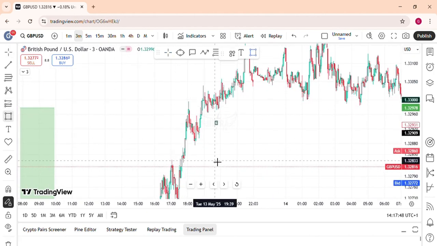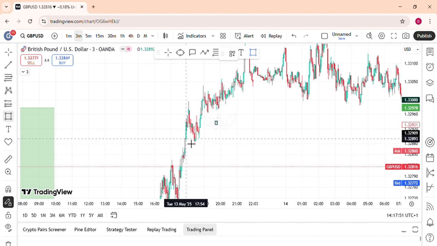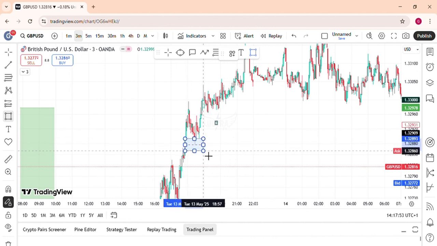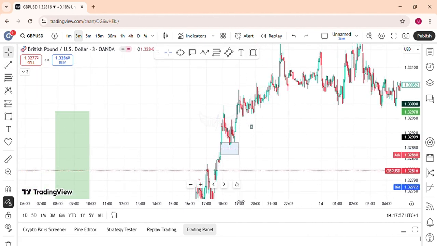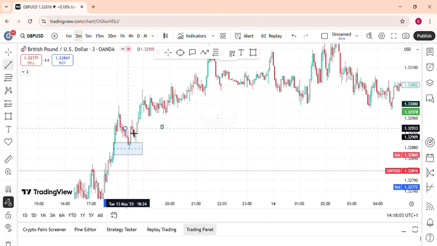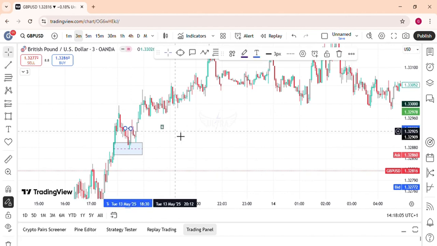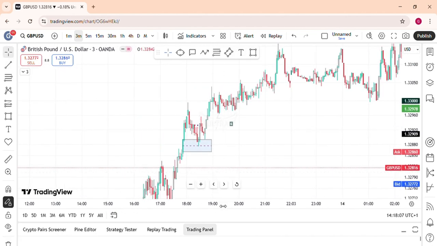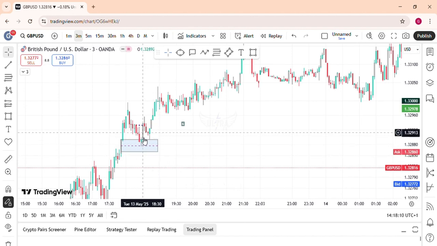Still moving on our 3-minute time frame, we could see a tap into this fair value gap here. You see this fair value gap here and a break of market structure here. After price tapped into this fair value gap, it created a fair value gap at this spot.